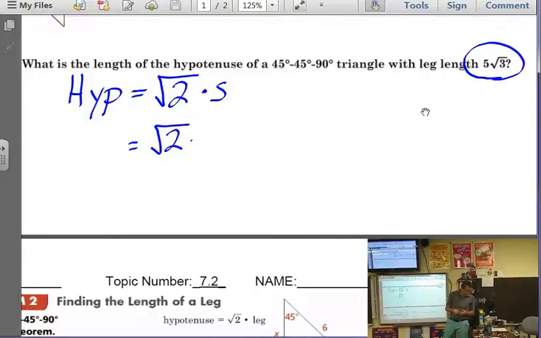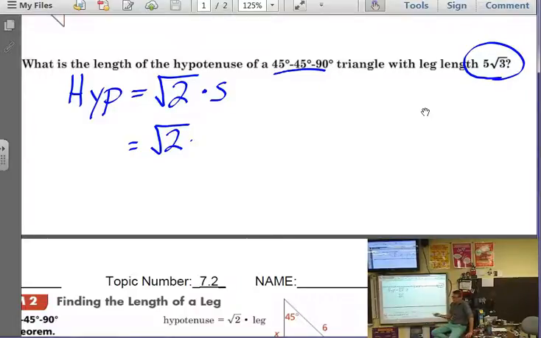So Scarlett, my short side that I'm going to plug in here is what? I asked that in a way that I intentionally made tricky. If it's a 45, 45, 90, we don't have a short side, we just have side, right? So the only thing I have to plug in is the side length.